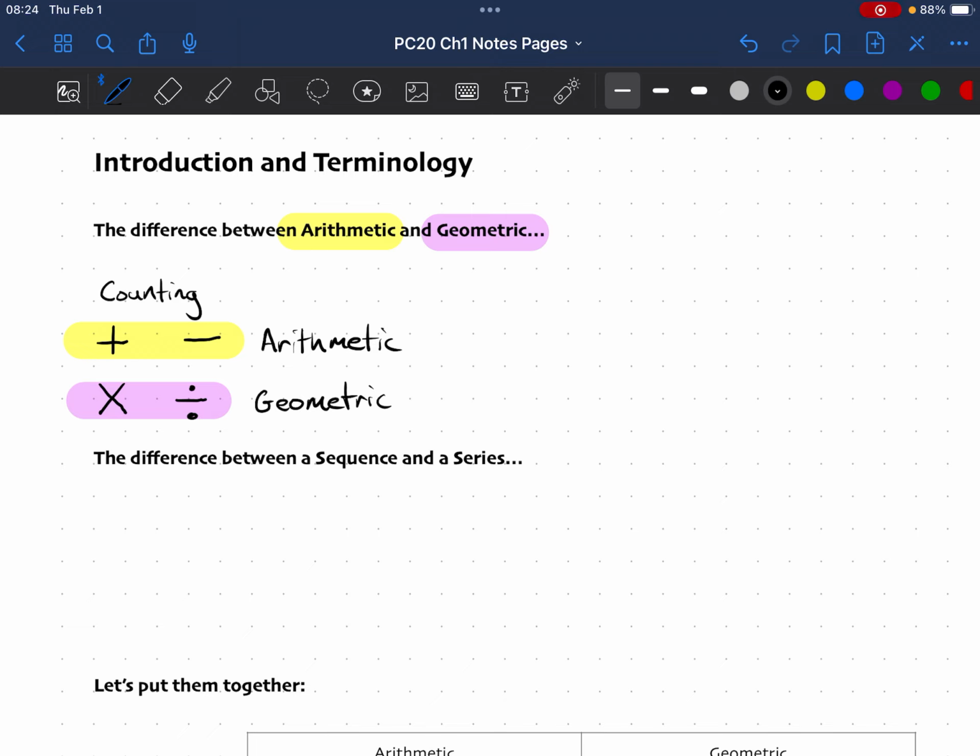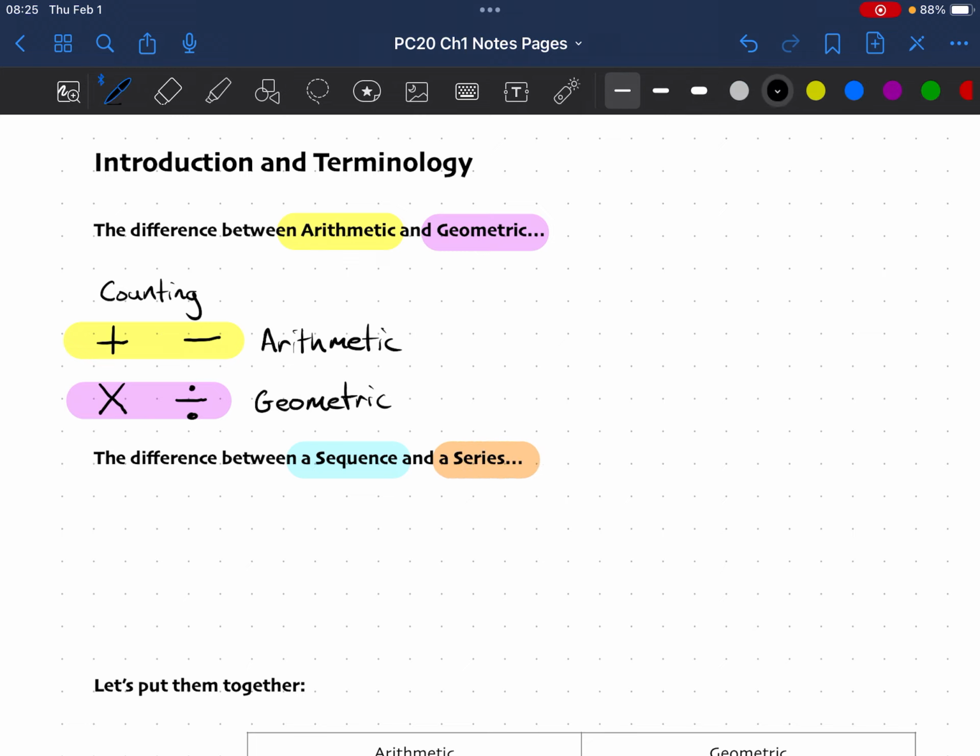Right, so arithmetic is going to refer to addition and subtraction, and geometric is going to refer to multiplication and division. Now, the next thing we have to understand is the difference between a sequence and a series.